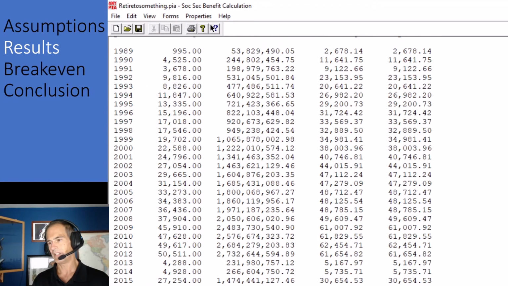This next section is the indexed earnings. Basically, it has my actual earnings on the left side here, and then it calculates an indexed earnings. So it's basically a wage inflation index. So my $995 I earned back in 1989 when I was 16 is the equivalent of 2678 now.